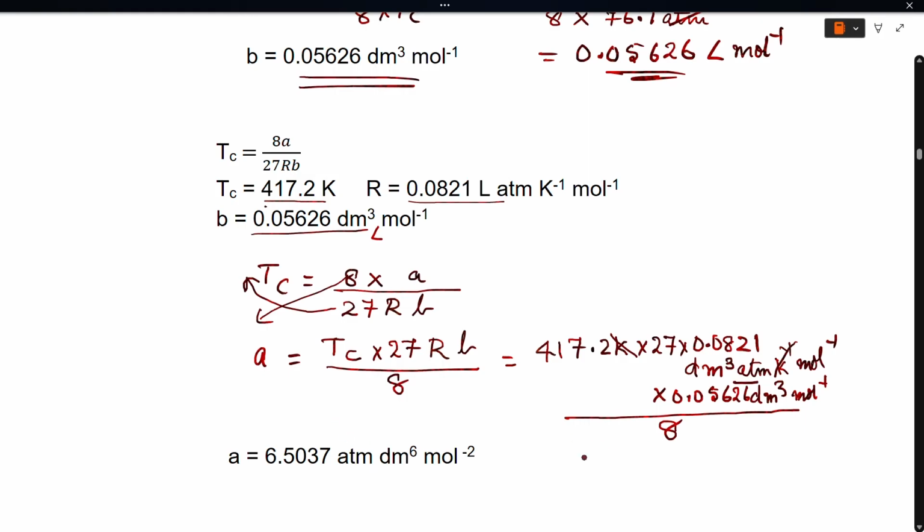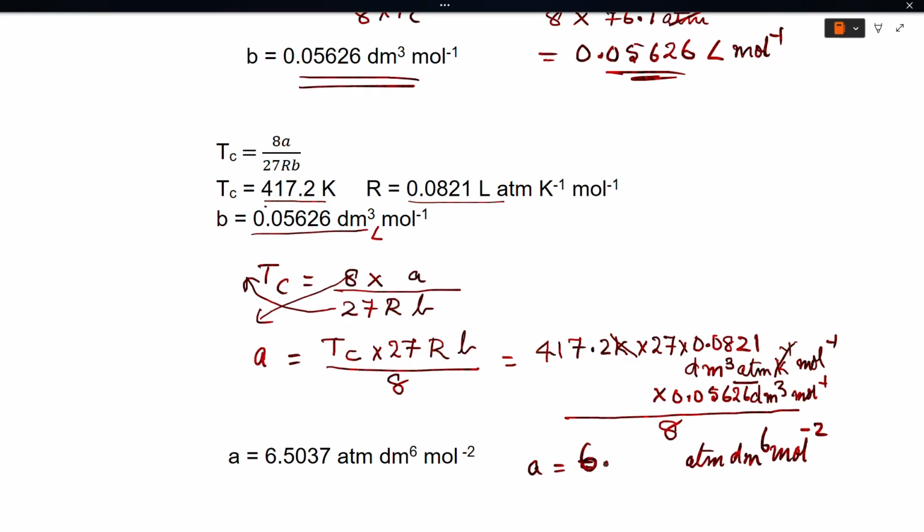So, the answer will be in units of atmosphere decimeter raised to 6 mole raised to -2. On solving, the value comes as A is equal to 6.5037. So, that is the value obtained for A.